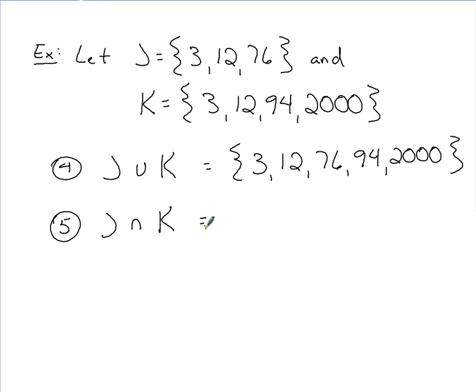We're looking to see what overlap is occurring between the two sets. So in other words, what elements are shared between the two sets. As we've already discussed here, 3 and 12 are the elements that are shared between the two sets. So the set {3, 12} would represent the intersection.